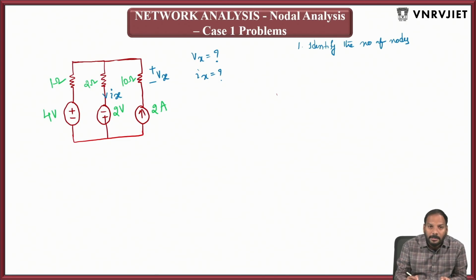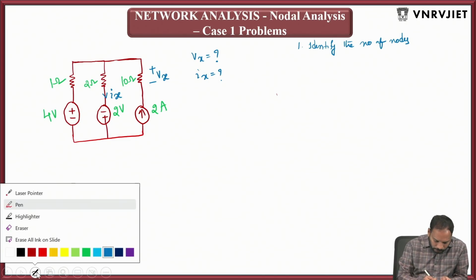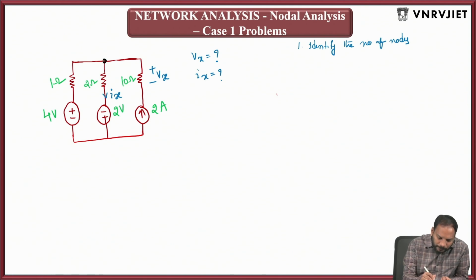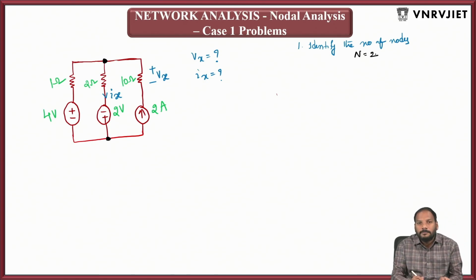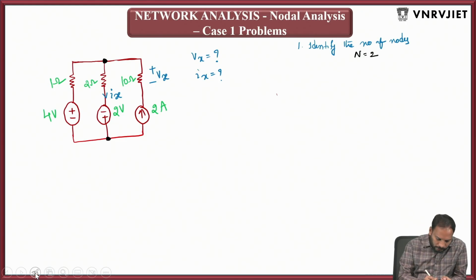Whenever a problem is given, identify how many nodes there are. The black color shows this is one node and this is another node. So the number of nodes in this problem is 2.